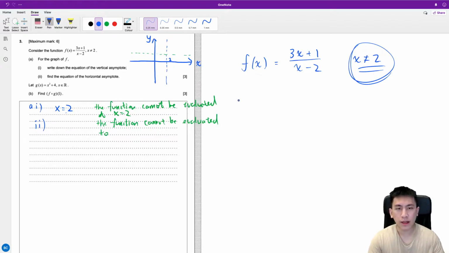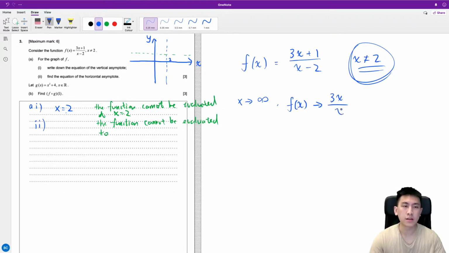Look, so this time we have to think in terms of x goes to infinity. Now remember, infinity is not a number, so you can't write x equals infinity. You can only write x approaching infinity, because infinity is just a concept. When x is approaching infinity, f(x) is going to be very, very close to 3x over x only.